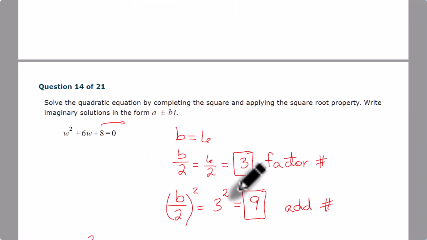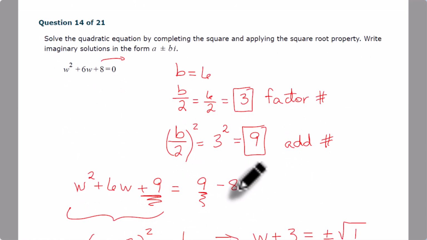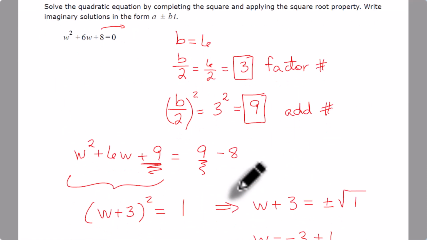All right, question 14. They want us to do all of it. So let's see. So first off, let's see. I'm looking, is A equal 1? Yep, the lead part is a 1. So I move the C out of the way.